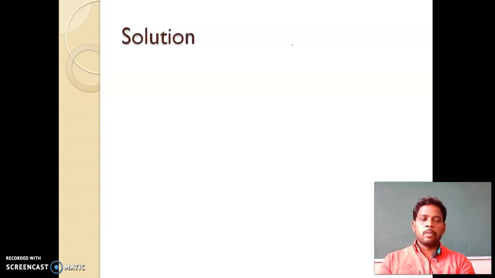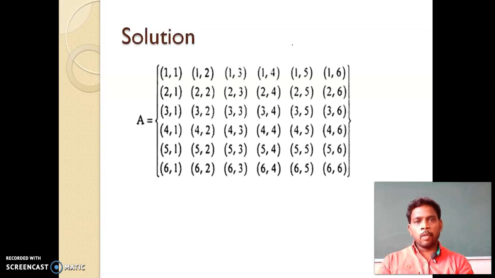So look here. That is the sample space when you are rolling two dice simultaneously. Here 1, 1 means that when you roll two dice at the same time, both dice show 1 on top. That is, the first die shows 1 and the second die also shows 1.